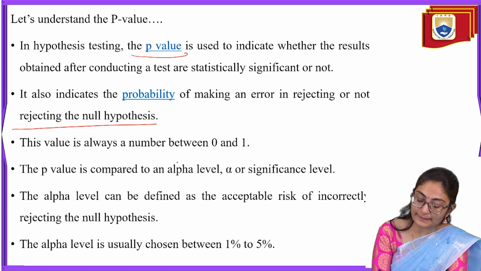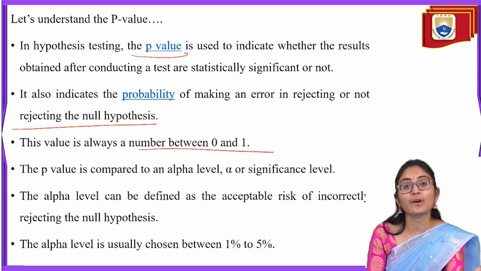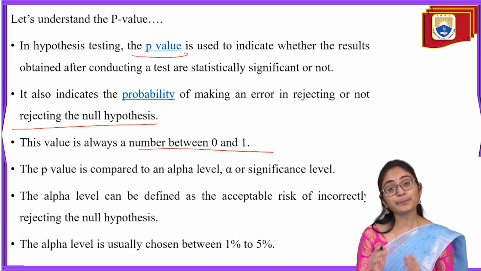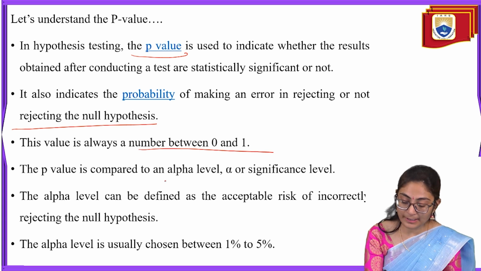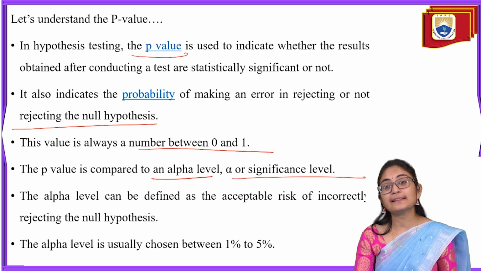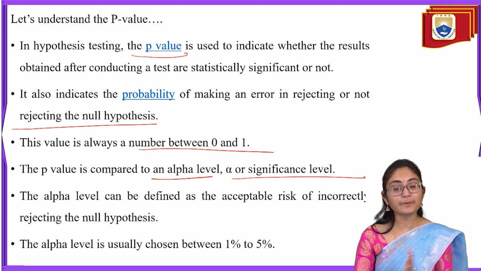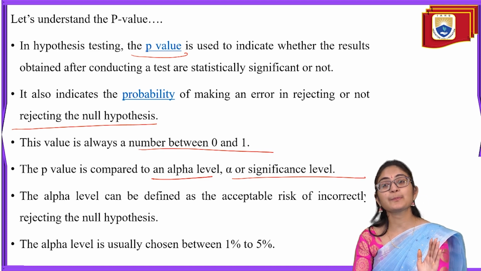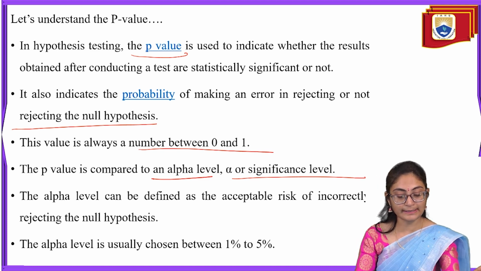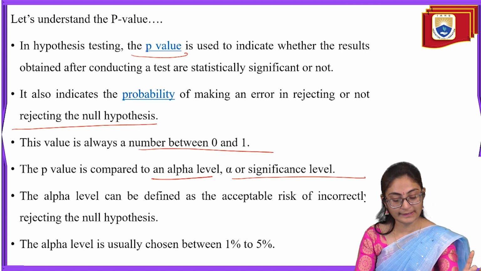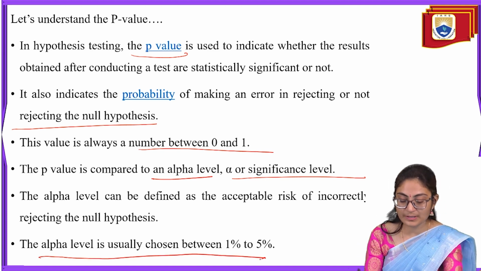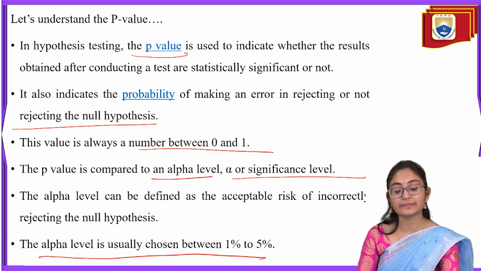This value is always a number between 0 and 1. And the p-value is compared to your alpha level, or we can say significance level. The alpha level can be defined as an acceptable risk of incorrectly rejecting the null hypothesis, and the alpha level is usually chosen between 1% to 5%.